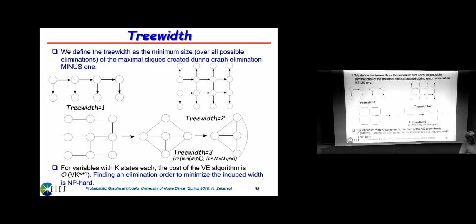We put the minus 1 because this is a tree structure, and we want this variable for trees to be equal to 1. So in this case, this is the only potential that you will work with. So this is the clique. The clique is of size 2, minus 1, the treewidth we define to be equal to 1.